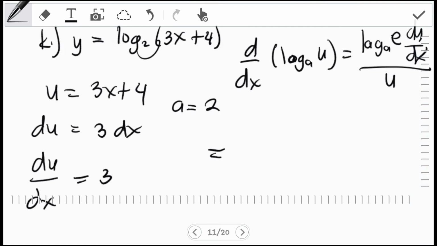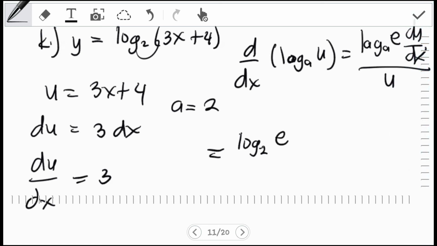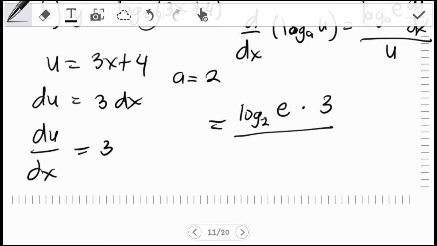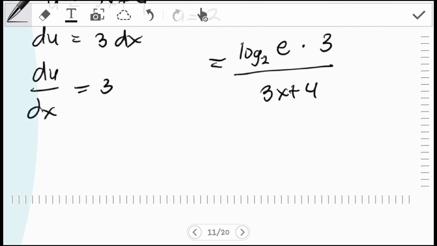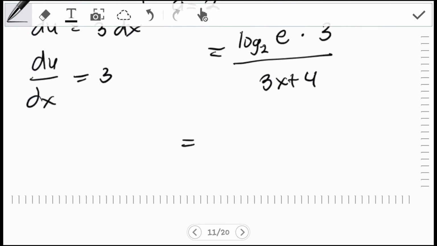So log base 2 of e, where du over dx is 3, over 3x plus 4.